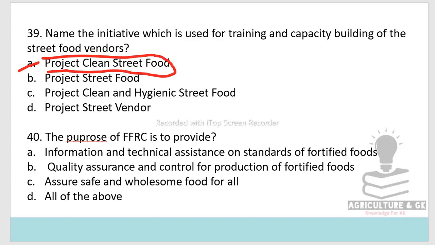Its purpose is to provide information and technical assistance on standards of fortified foods, to provide quality assurance and control for production of fortified foods, or to assure safe and wholesome food for all. So our answer will be all of the above. Option D is the right answer for this question.